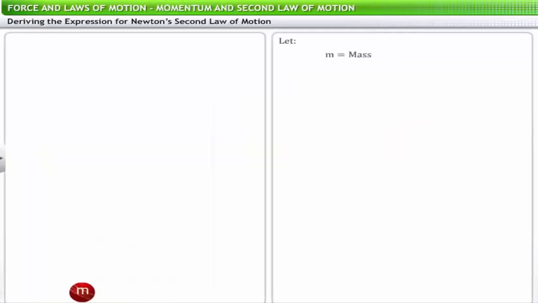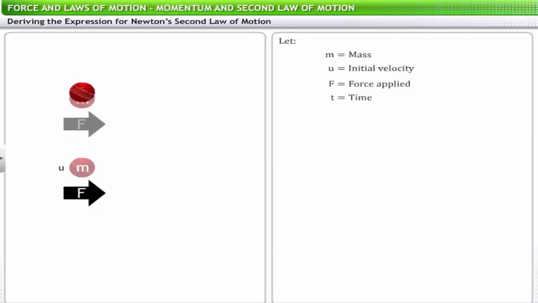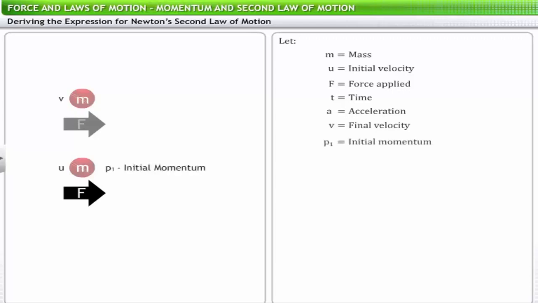Consider a ball of mass m having an initial velocity u. When a force of magnitude F is applied on the ball for time t, the ball moves ahead with an acceleration a. In the time period t, the ball accelerates to a final velocity v. Let p1 be the initial momentum and p2 be the final momentum of the ball.